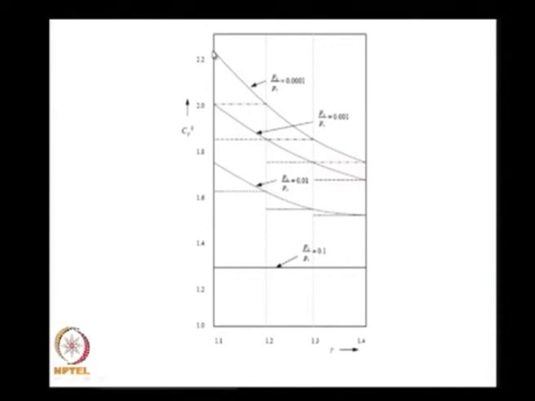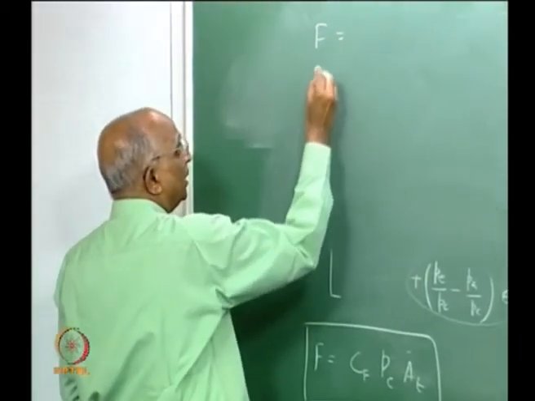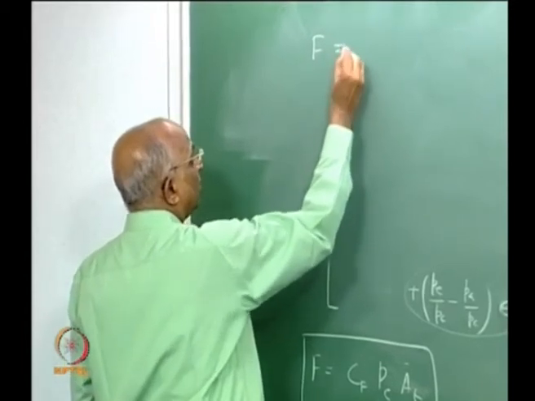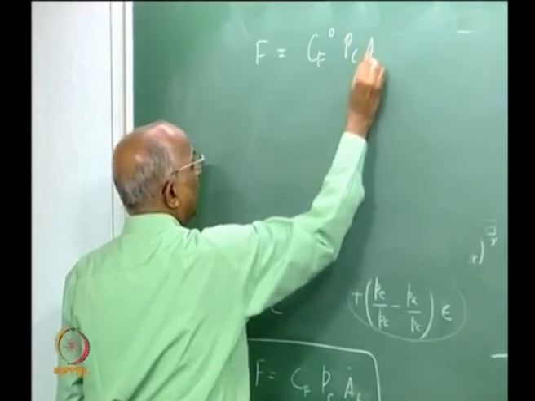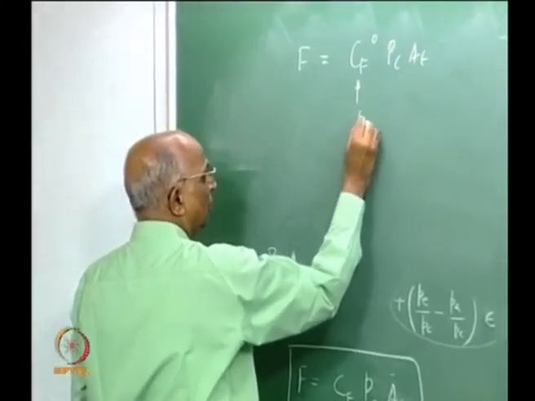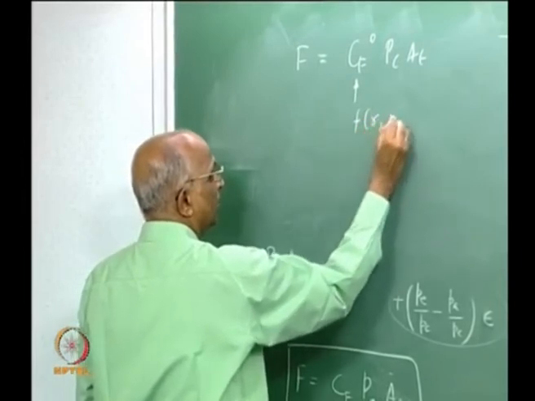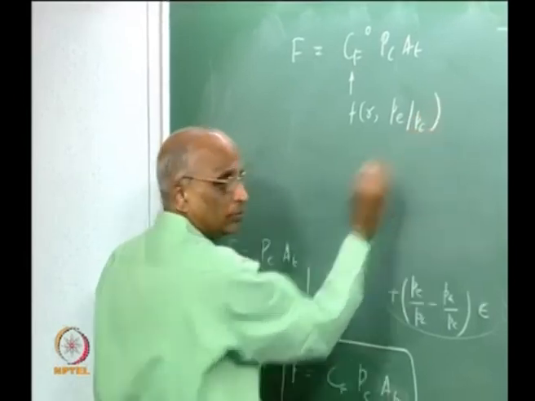Therefore, what is it I have done? We looked at the thrust coefficient, optimum thrust when you have the case of P equal to Pc, Cf dot into Pc At, we find that the value of Cf is also a function of gamma, in addition to being a function of Pe by Pc.